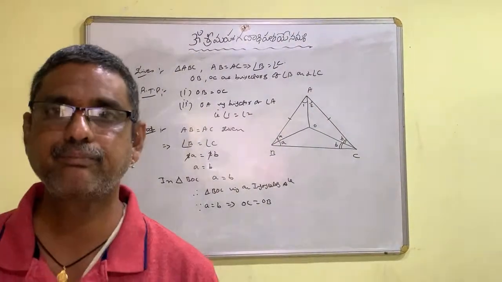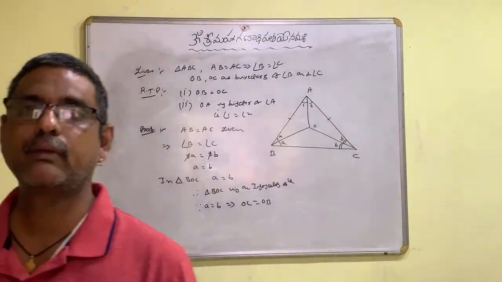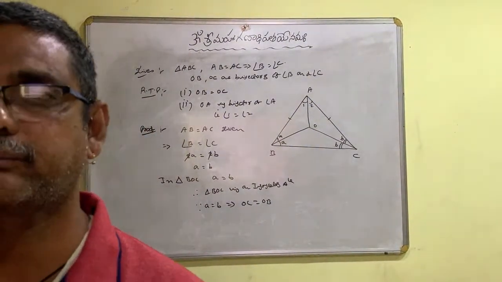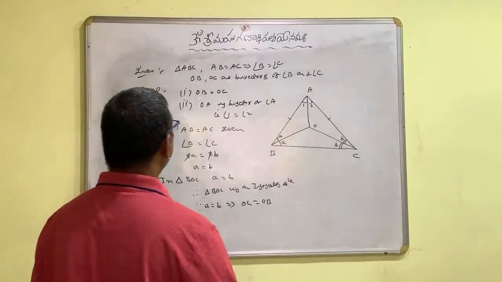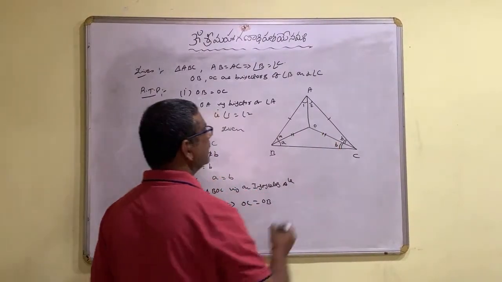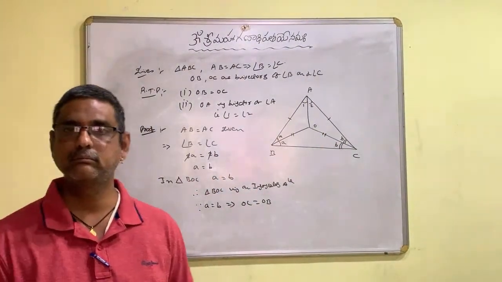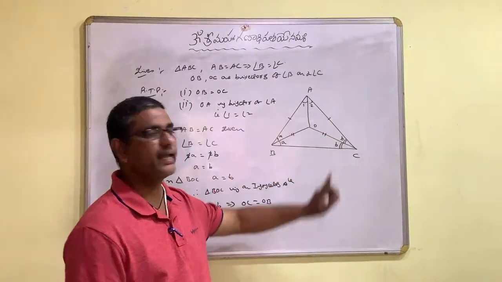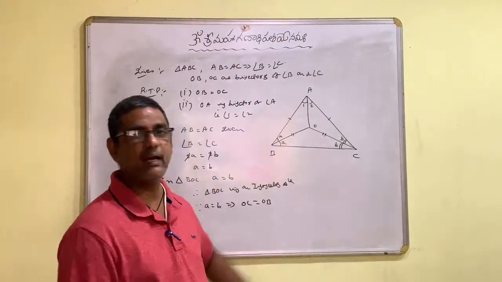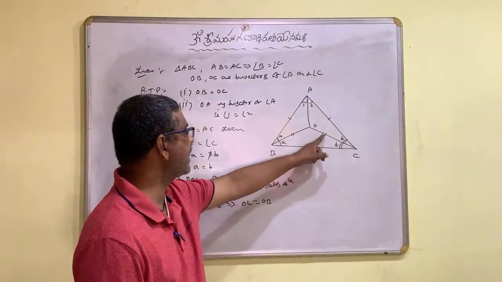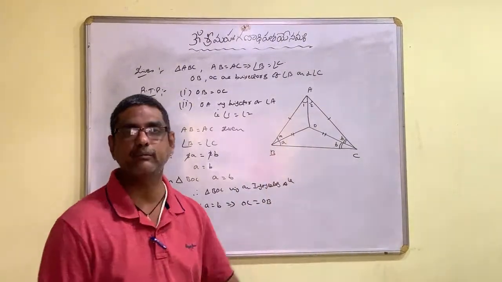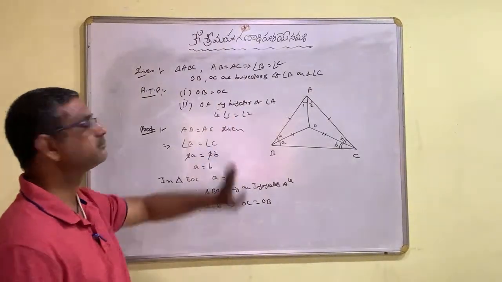OB is equal to OC. Now, second one means these two sides are equal. BOC is an isosceles triangle with angle A and angle B equal, so the sides opposite to them are also equal. So OB equal to OC. The first one is done.